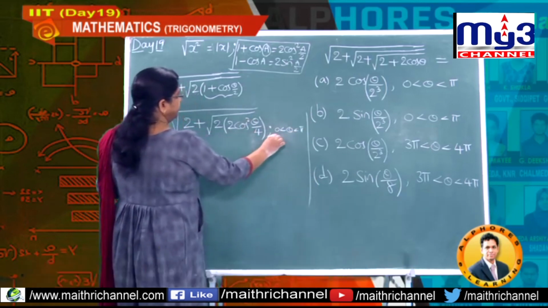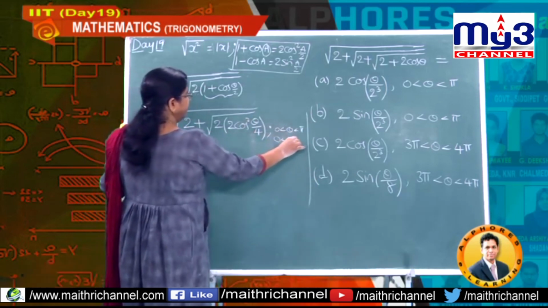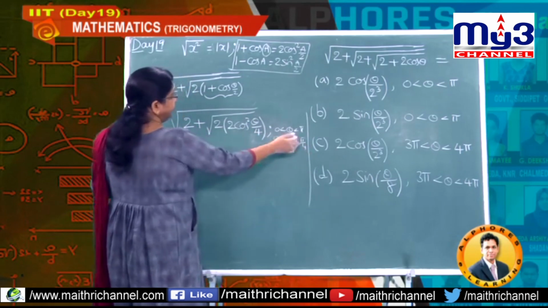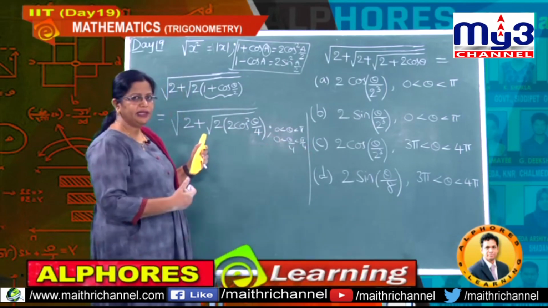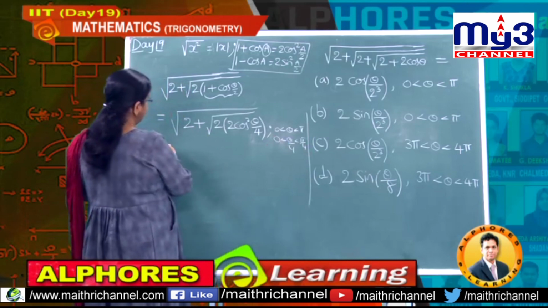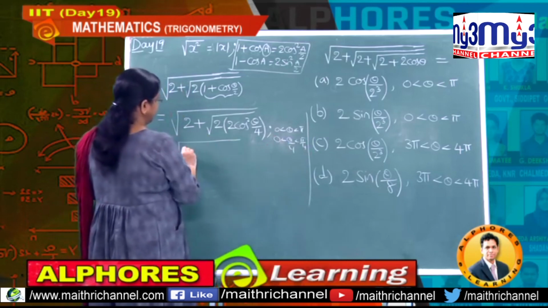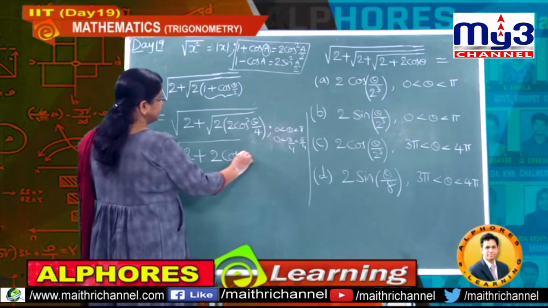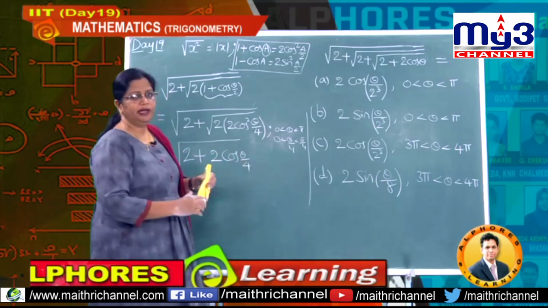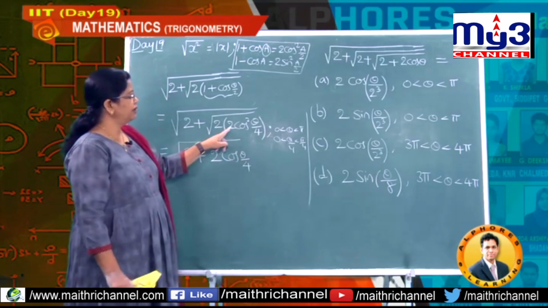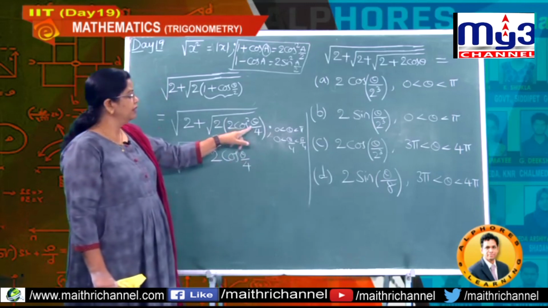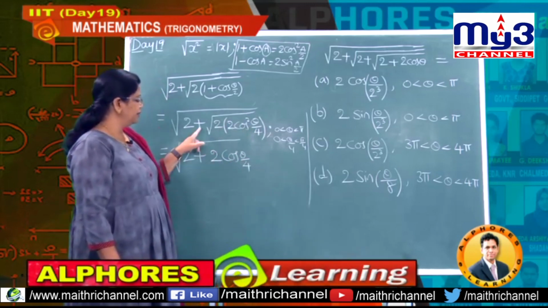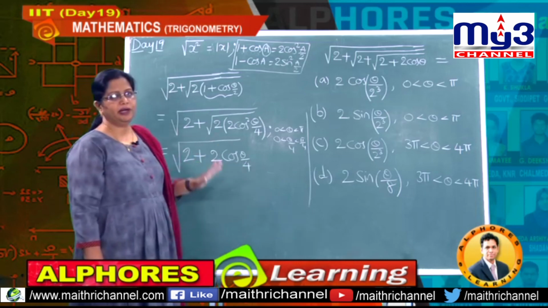Now if you divide by 4, the value is from 0 to pi by 4, which is again an acute angle, hence you can take without any hesitation the plus symbol. So now you got 2 cos theta by 4. With 4 cos square theta by 4, elimination of square root, plus symbol only, cos theta by 4.